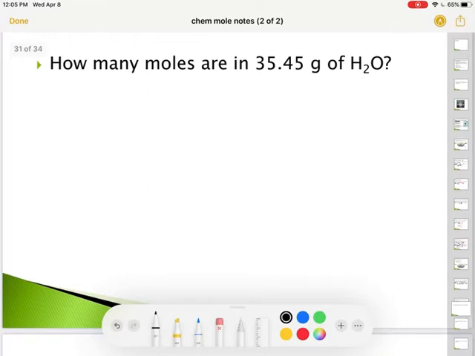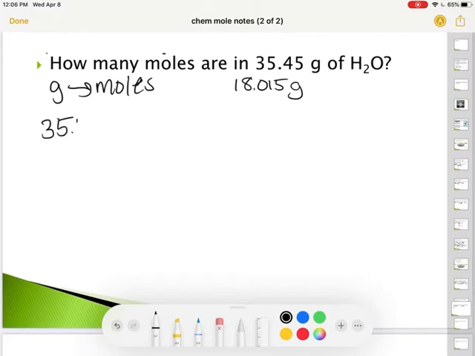Okay, so how many moles are in 35.45 grams of water? So we're going from grams to moles. So this is only a one-step conversion. Well, we already know, I actually showed you the calculation, that there are 18.015 grams in 1 mole of water.